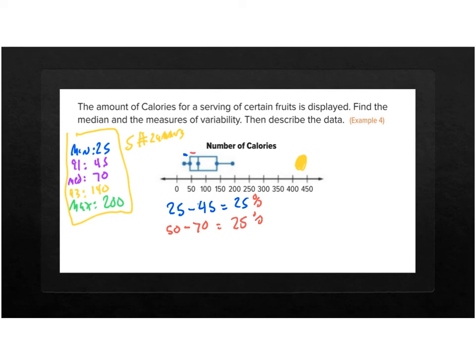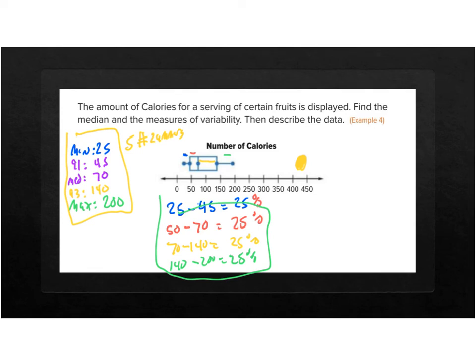And then from our median to our quartile 3, from 70 to 140, it's another 25% of the data. And then from 140, quartile 3, to 200 is another 25%. That is your breakdown for how to interpret and analyze this box and whisker chart.